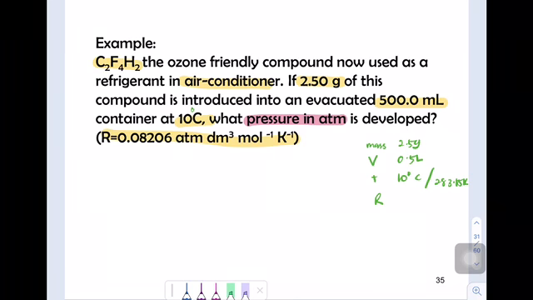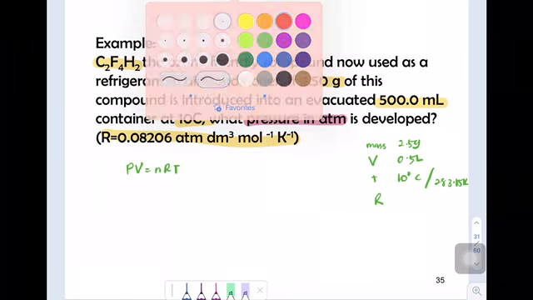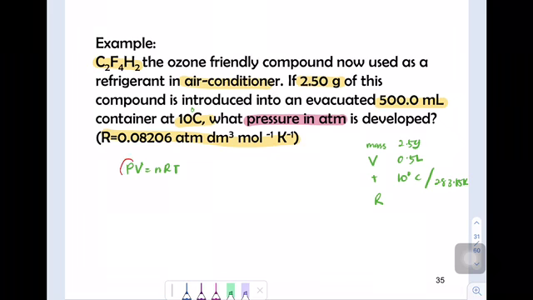We know that we have to use the ideal gas equation. So check the information that we have. We want to calculate P. We have volume, we have the R value, we have temperature, but we don't have mole. But what we have is the mass. So the first step is to calculate the number of moles. So n is equal to mass over molar mass.